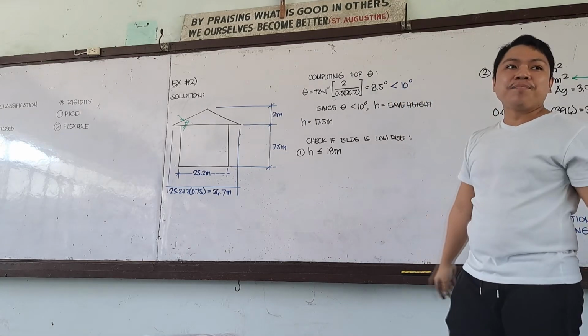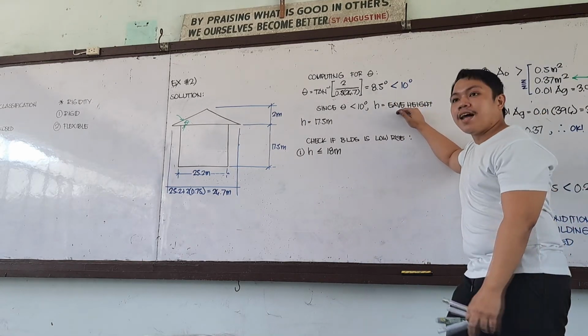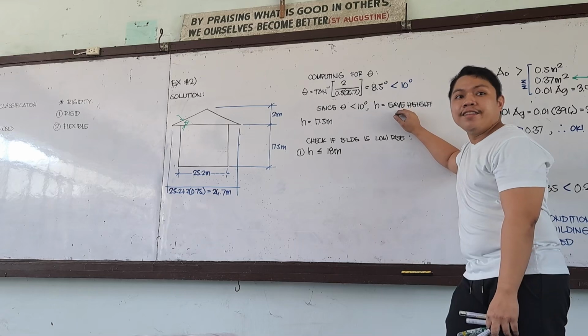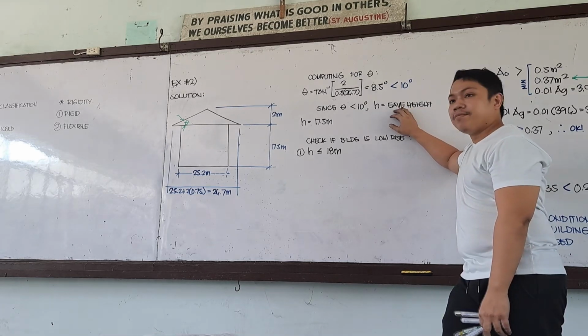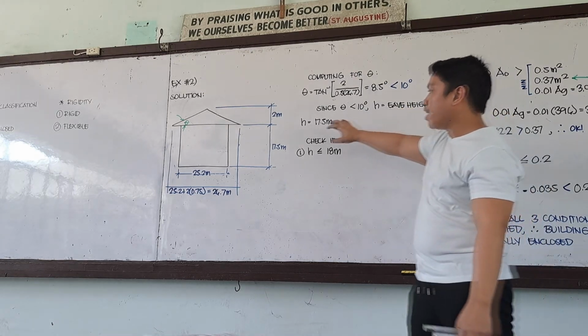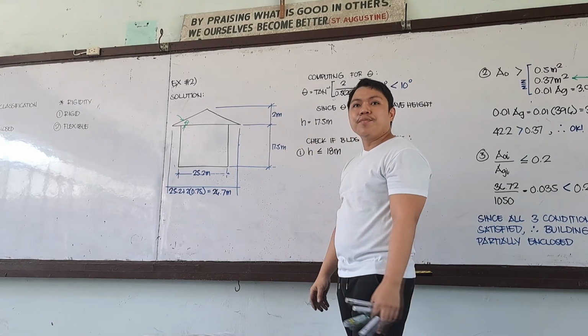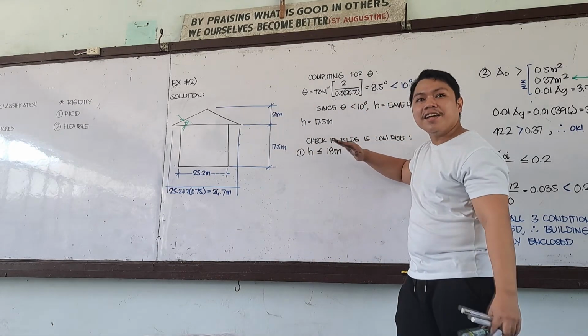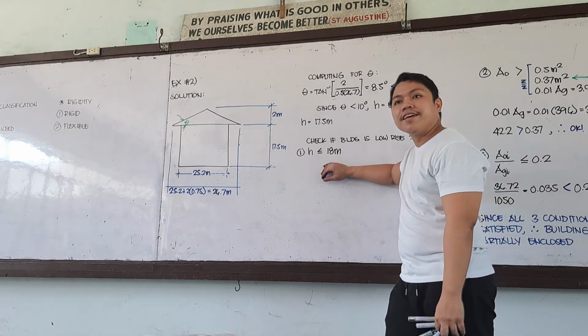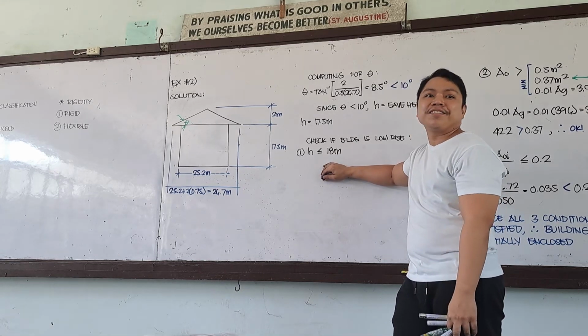If theta were greater than 10, H would be 18.5, which is greater than 18, so you could conclude the building is not low rise.